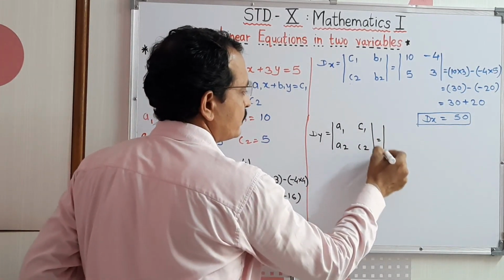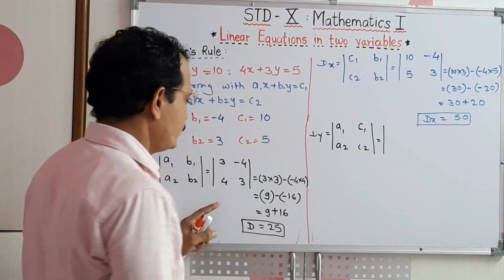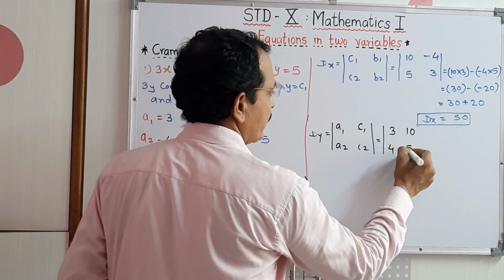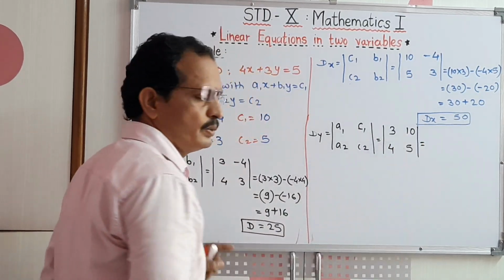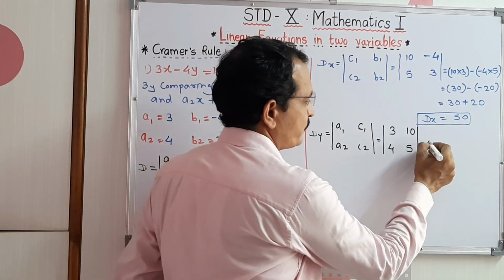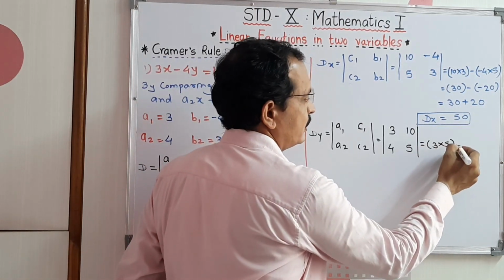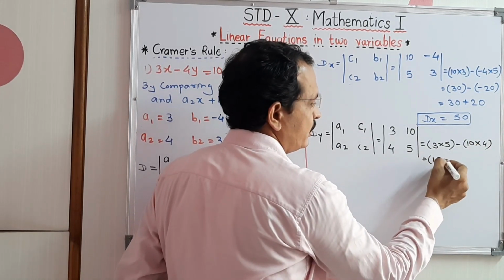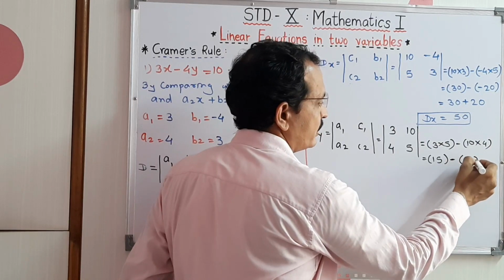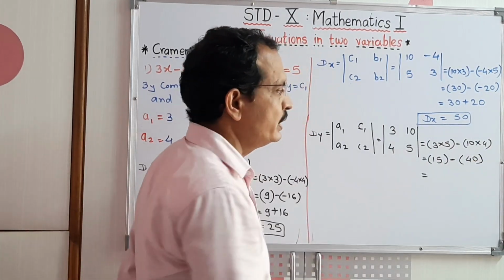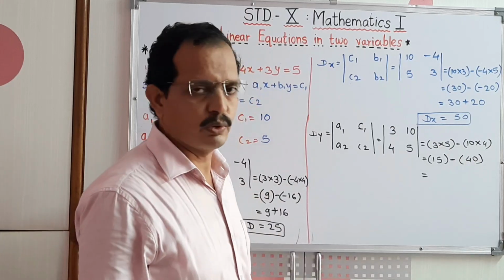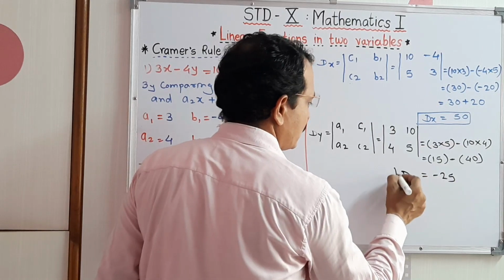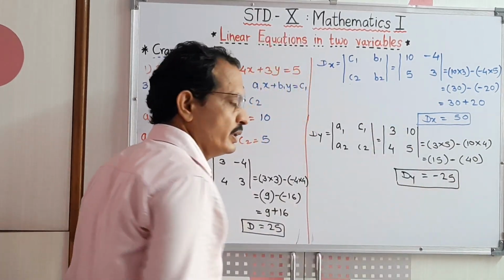Now put the values. a1, a2 is 3, 4 and c1, c2 is 10, 5, is equal to the cross multiplication. 3 into 5 minus 10 into 4. Here 15 minus 40. Now 15 minus 40 is equal to minus 25. Therefore we got here the value of Dy is equal to minus 25.